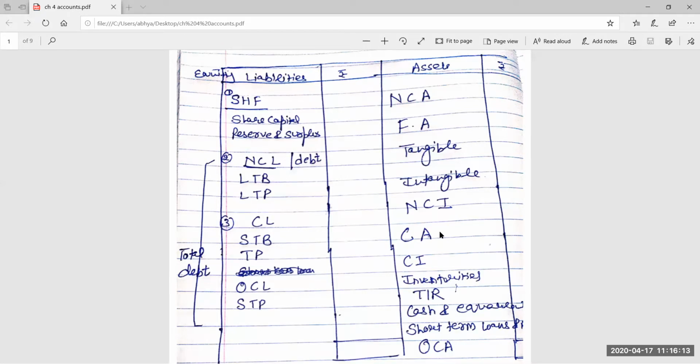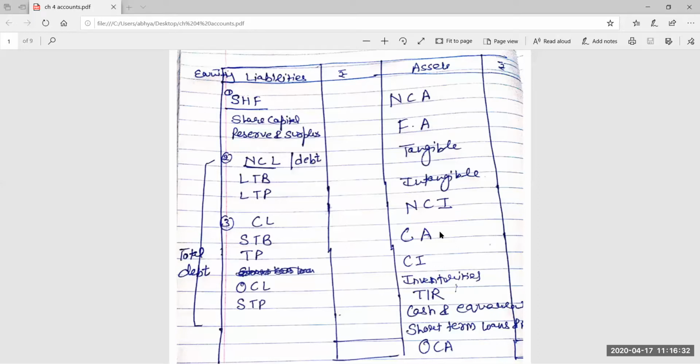And why have we given the heading equity and liability? Because shareholder fund represents equity. Equity means owner's fund, and liabilities represent borrowed fund. As we all know, for getting funds in business there are two sources: owned fund and borrowed fund.